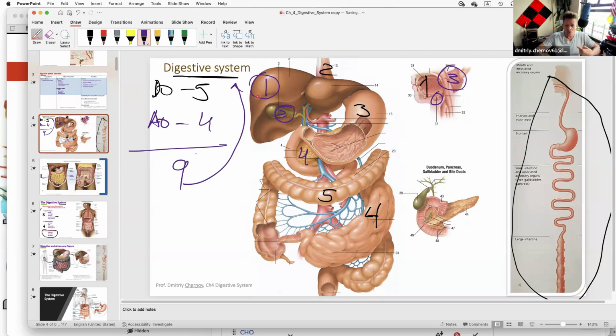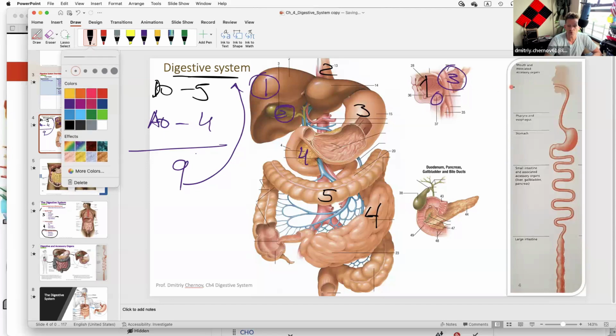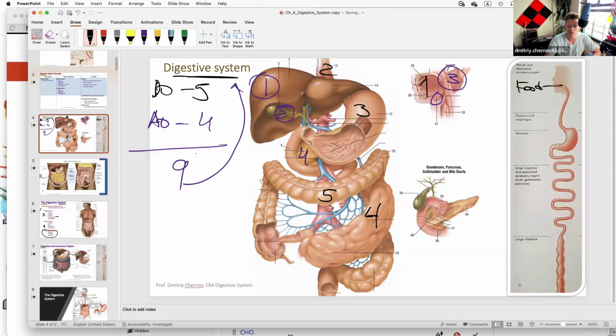The functionality of the digestive organs is just to take this food, bring it into the mouth so it passes through, and then the waste will be taken out. We can call this the alimentary canal, because hypothetically, if you stretch out the entire digestive organs, you can see through.